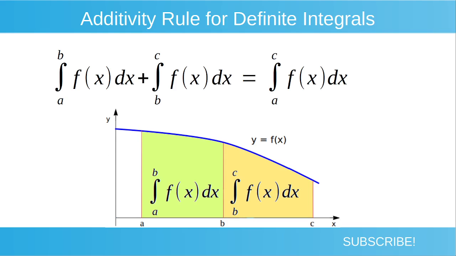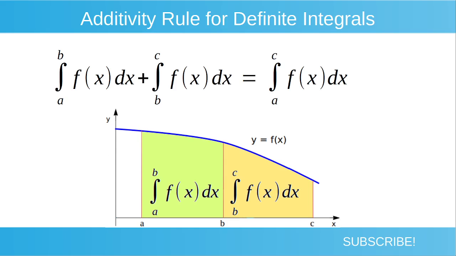We can calculate the shaded green net area between the function curve and the horizontal axis from the point a to the point b as being equal to the integral from a to b of f of x dx, which is written inside the shaded green region.